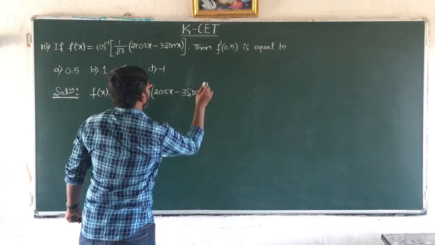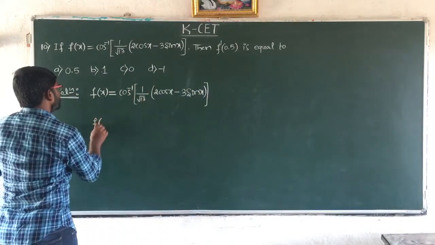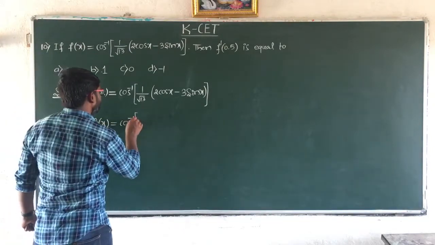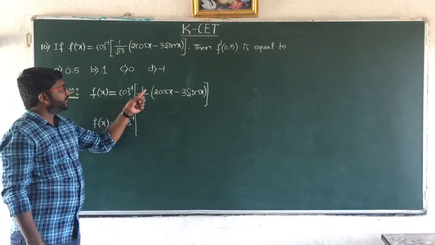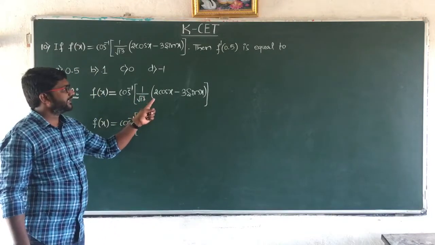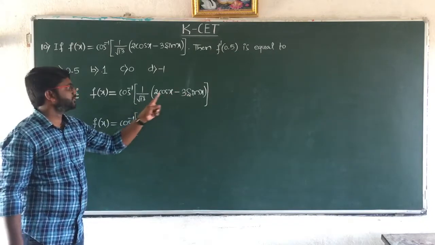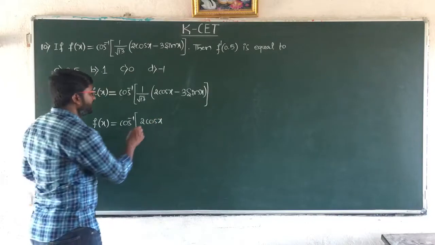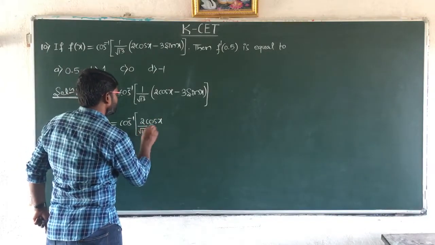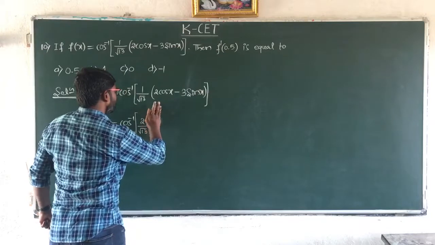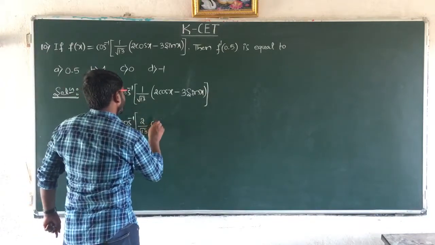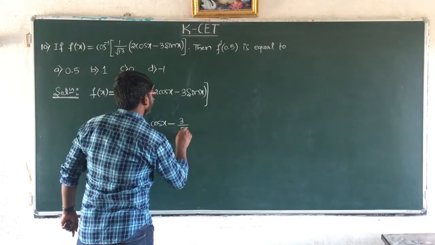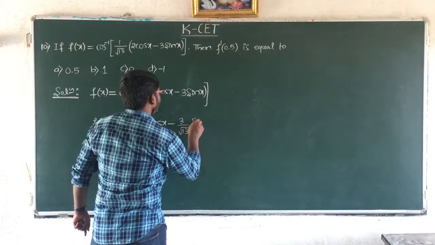Now see here, f of x is equal to cos inverse, as it is, and inside the bracket this 1 by root 13 must be multiplied to both the terms. So we get 2 cos x divided by root 13, then minus 3 by root 13 into sin x.